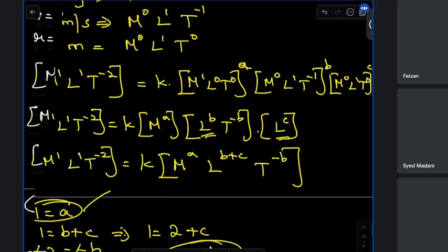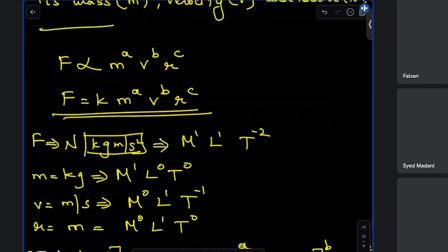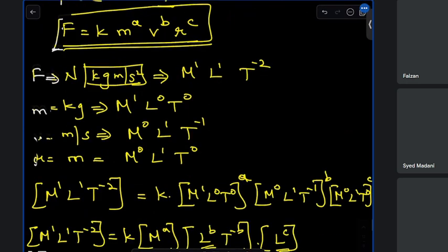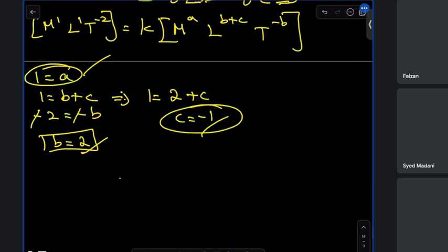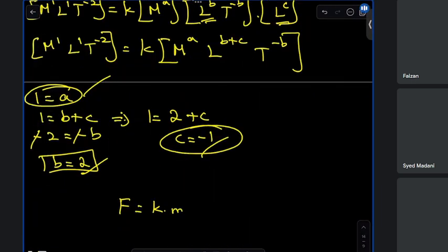What I'm going to do, I'll put this in the main equation. So it will be F equals K into M to the power A, M to the power A meaning M to the power 1. Now focus.